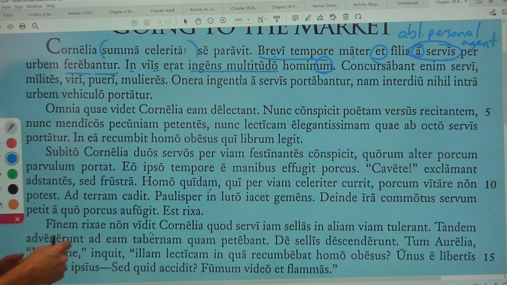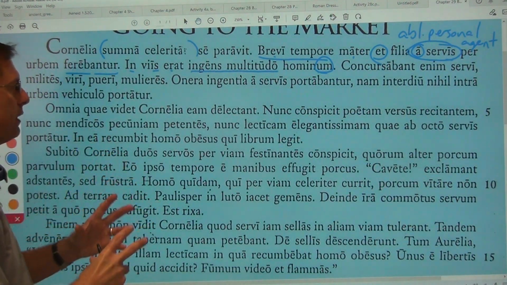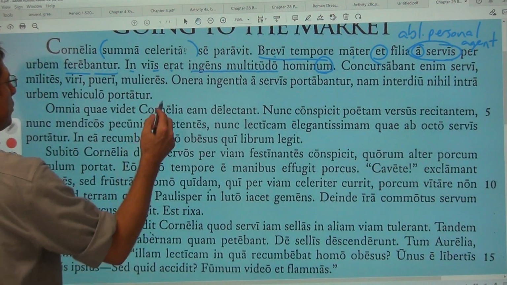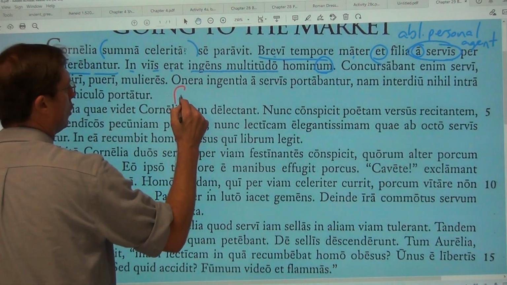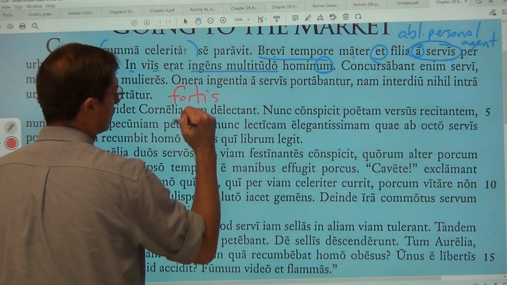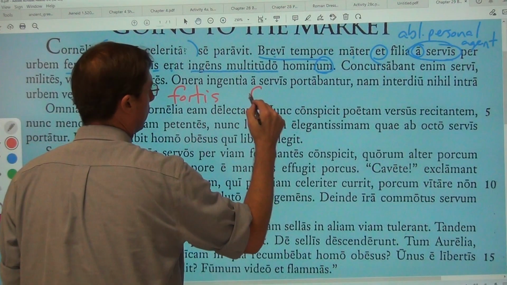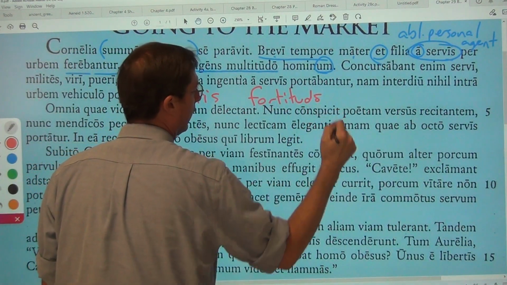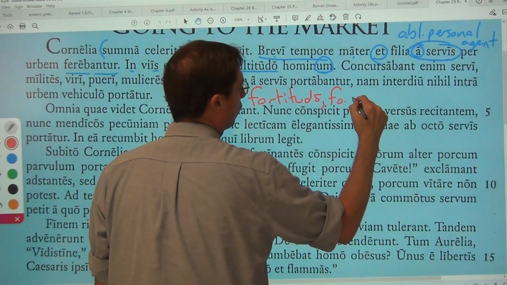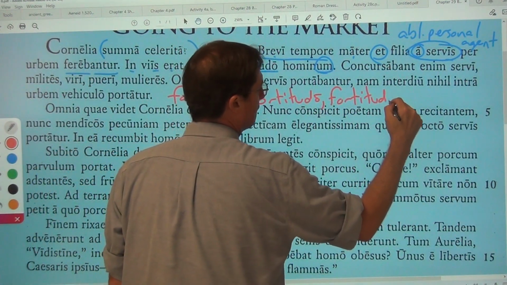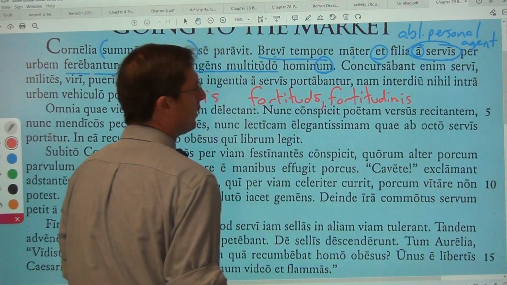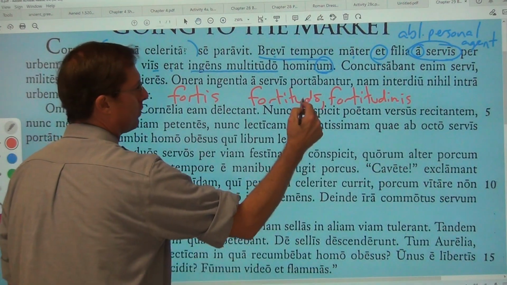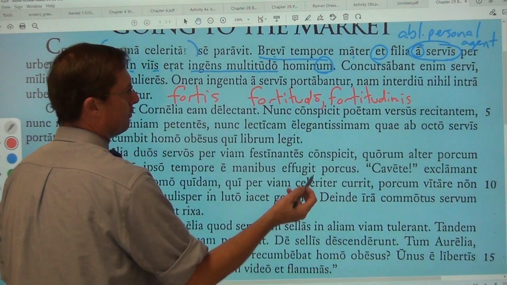And so multitudo would be the representation of that many, i.e. a multitude. You can do it easily with the word that means strong, which of course is fortis, fortis, forte, and thus you end up with fortitudo. And the genitive then would be fortitudinis.